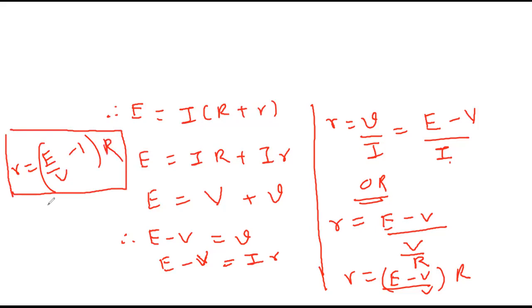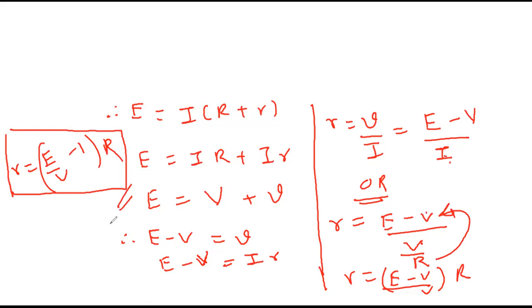So it is E minus V upon I. I you can write as V by R. When you rearrange, E upon V minus V upon V, that is E upon V minus 1, into R. They can ask to show that.